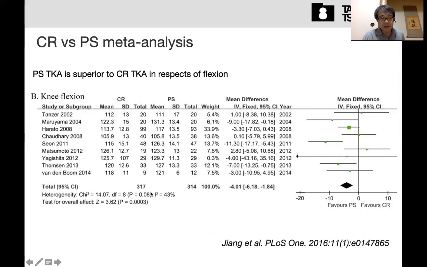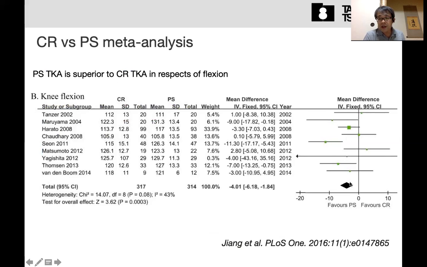These are several studies, and most studies show that after the PS, the CR is less flexed. Flexion is better in the PS. This is the worst in CR.